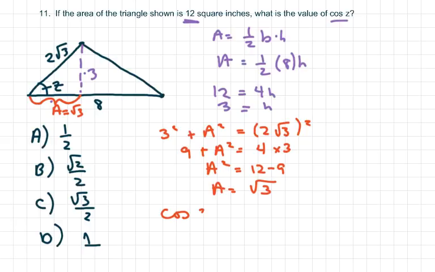We get adjacent over hypotenuse, and adjacent of Z is square root of 3, and the hypotenuse is 2 square root of 3. When you cancel out the square root of 3's, that will be 1/2. So your answer is A.